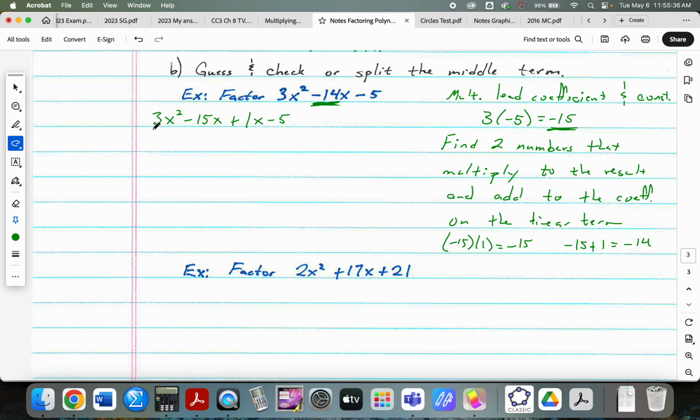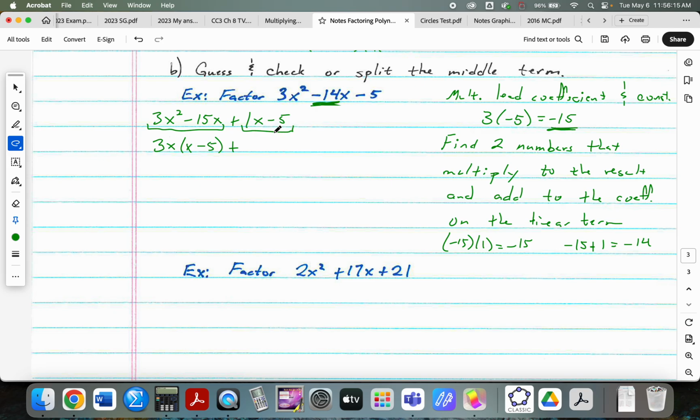You did this? Okay. And then what you do is you group the first two together and the last two together and factor out the greatest common factor for those. So what is it that I can factor out of both of these? The 3x. When I do that, I get 3x times x minus 5 plus, the only thing I can factor out of x minus 5 is a 1, right?